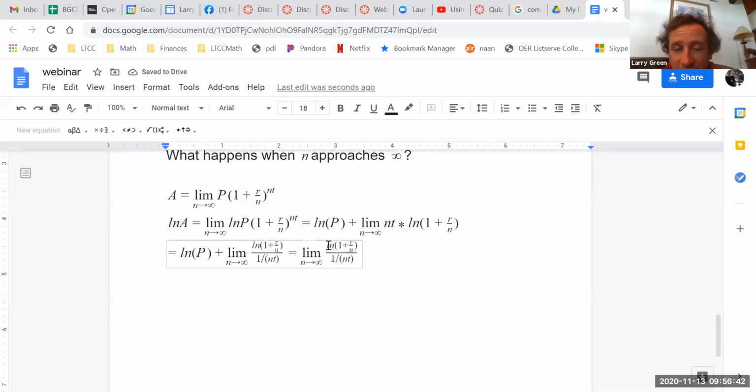So we take derivatives. We have to take the derivative of the natural log of 1 plus r over n, and n is our variable, by the way. R is a constant. So that's the chain rule. The derivative of 1 plus r over n is negative r over n squared. So let's write this out.